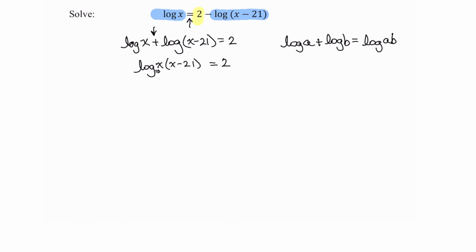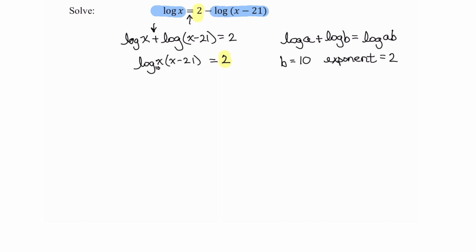Now we're going to write it out of log form into exponential form. Our base is 10. The exponent on the base, well, logarithms are exponents, so what the logarithm is equal to, that's your exponent.